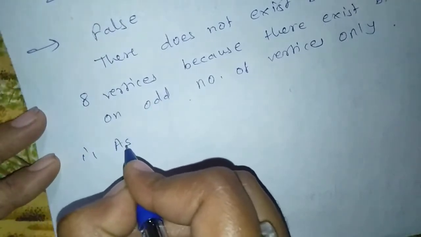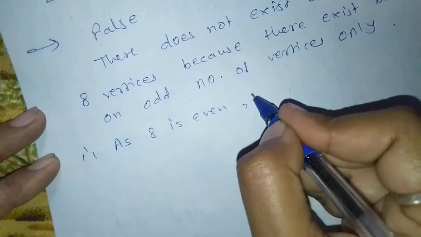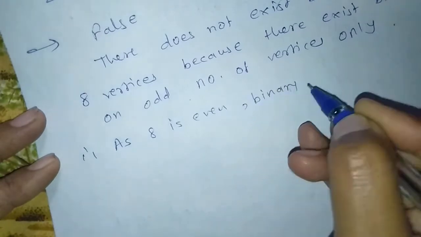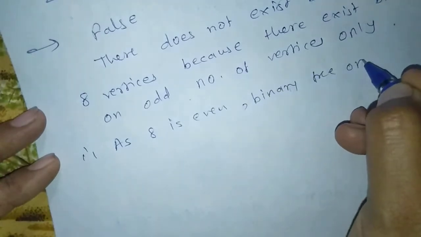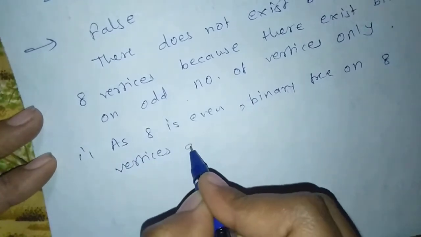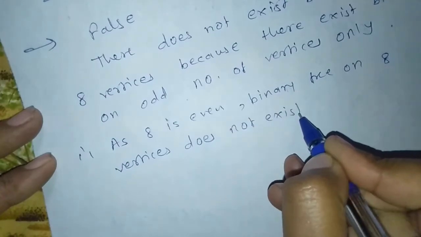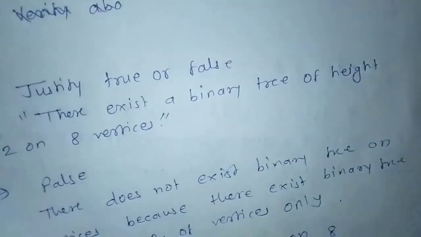Therefore, as 8 is even, a binary tree on 8 vertices does not exist. Okay.